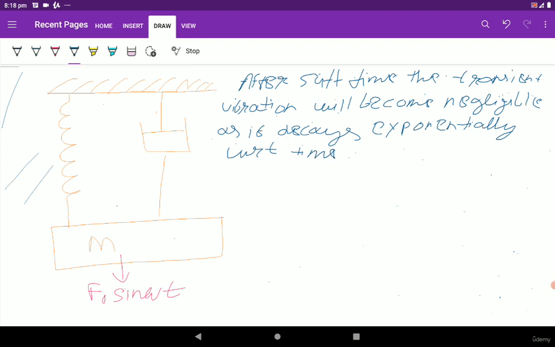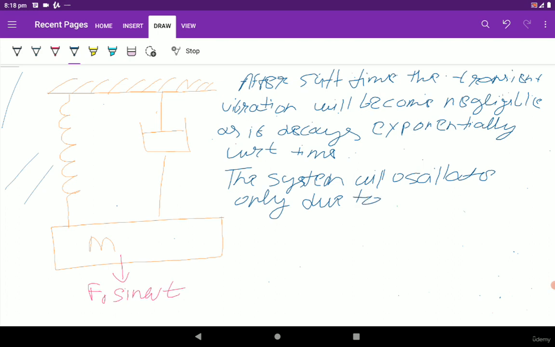So the system will oscillate only due to the particular integral, that is PI. So this is the main takeaway for this.